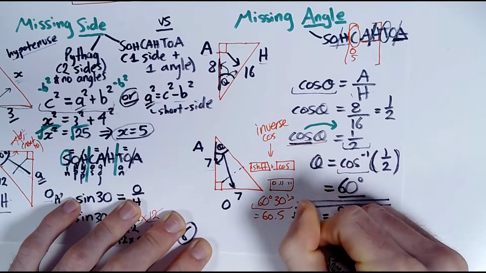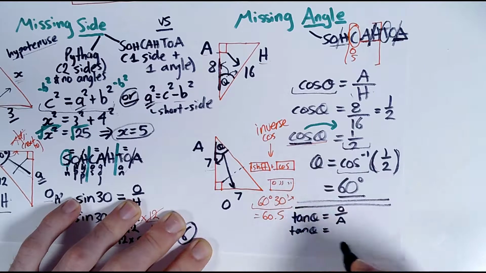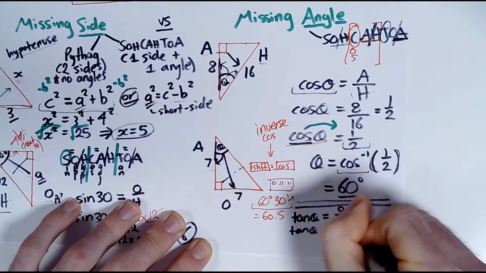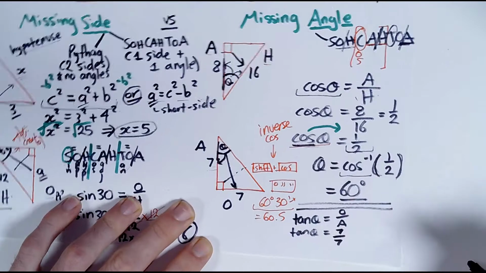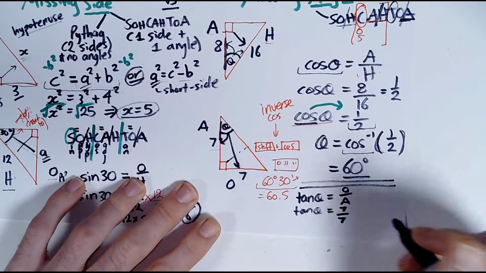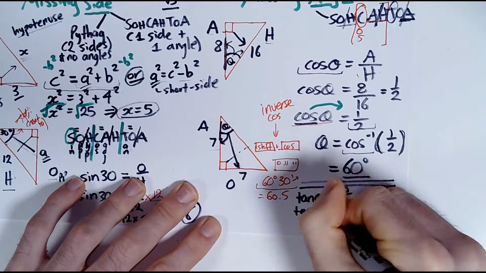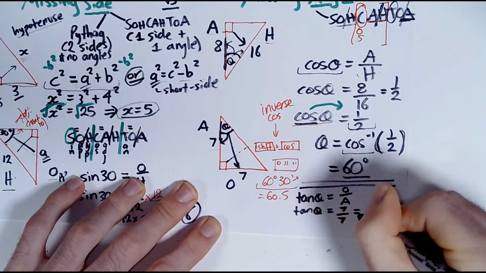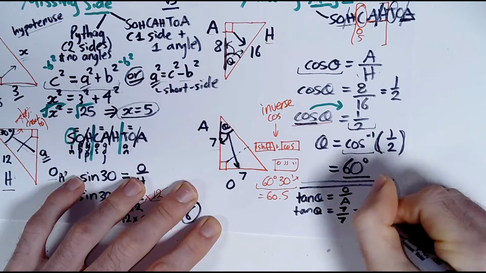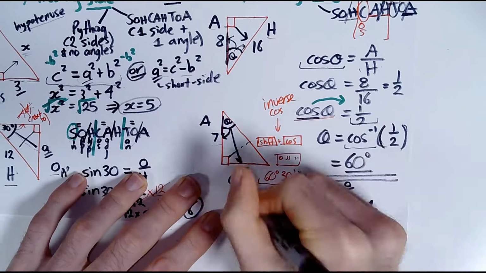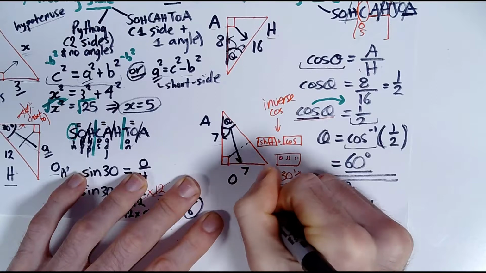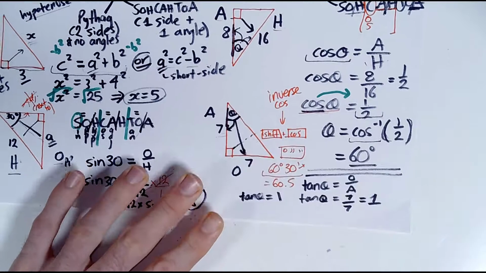In this case, the opposite and the adjacent happen to be the same, but they won't always. And that's going to equal 7 over 7. And we can simplify that: 7 over 7 is 1 over 1, which is just 1. So we end up with tan theta equals 1.